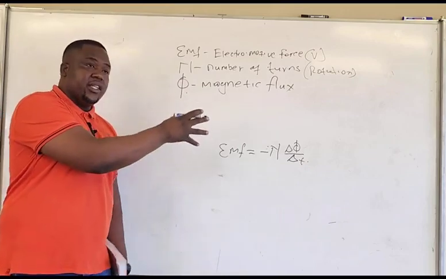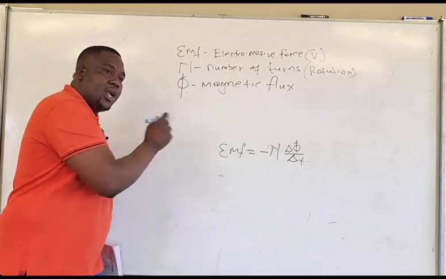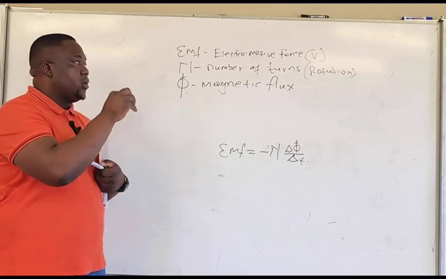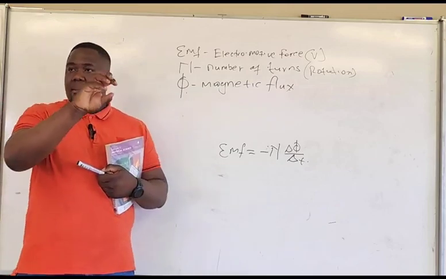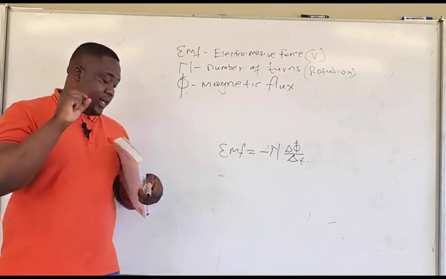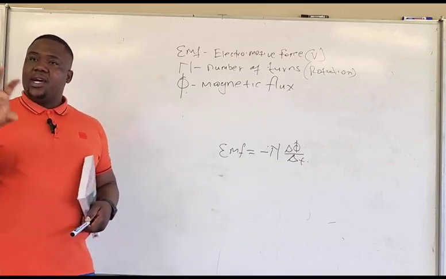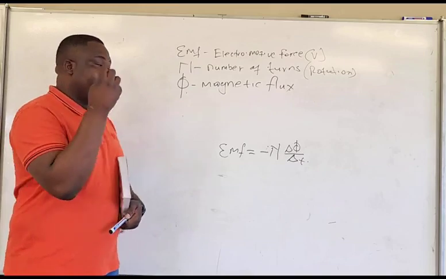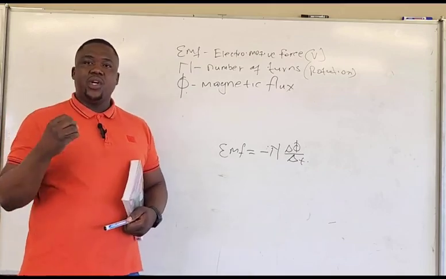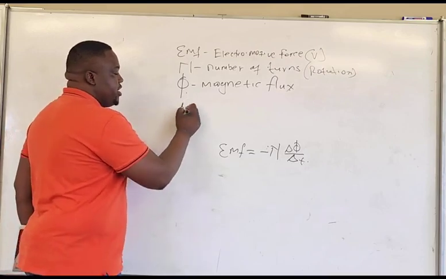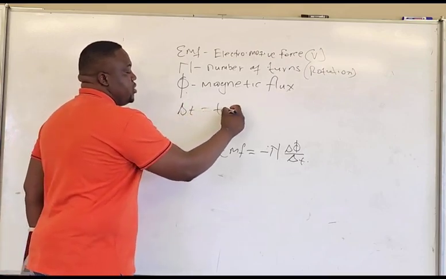After explaining the subscripts of this formula of Faraday's law of the EMF, I need to talk about magnetic flux, because magnetic flux alone has a formula, and for the calculations in this topic we need to understand magnetic flux. Then we have changing time, which is the time.